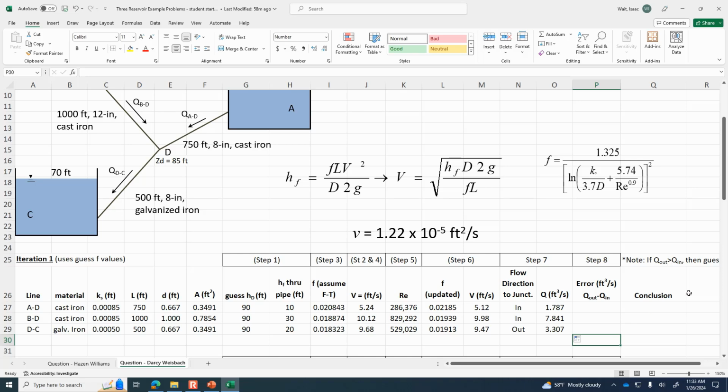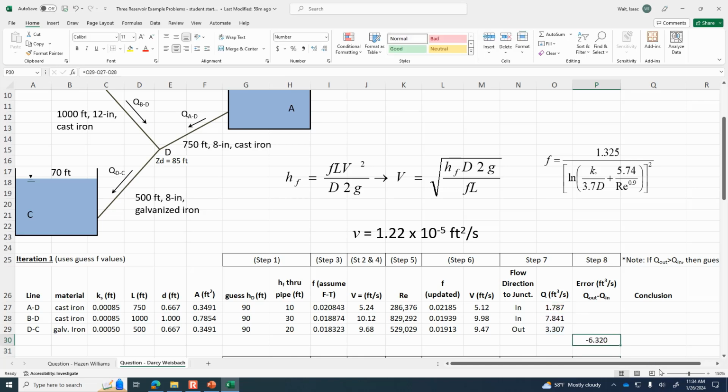So we want to find out minus in. The outflow is this one, and let's subtract both of the inflows. So it's however much outflow minus however much inflow.